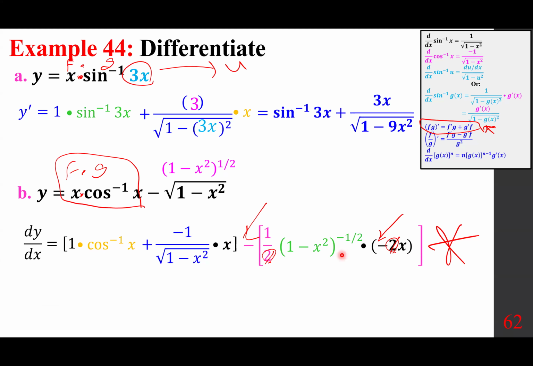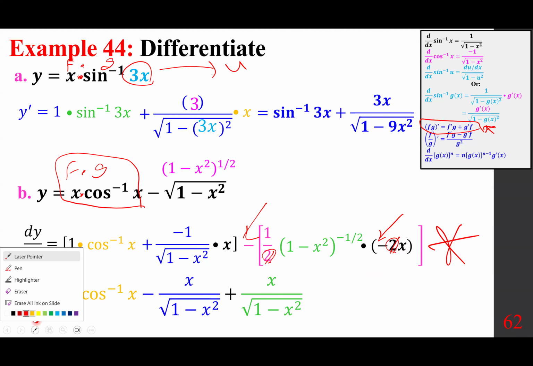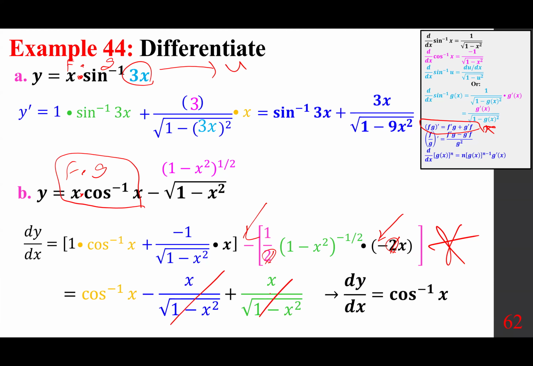This goes down, takes a positive 1/2 or a square root. So I hope you recognize this as a plus x over the square root of 1 minus x squared. So the final answer is dy dx equals cosine inverse of x.